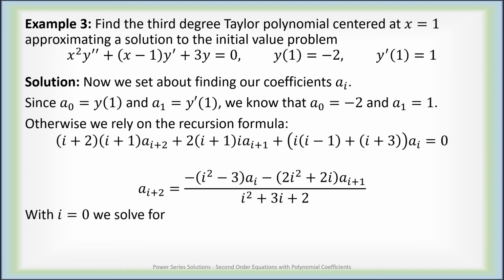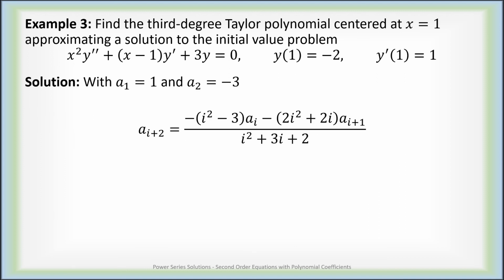Now at i equals 0, this would solve to a sub 2 is 3a0 minus 0 over 2. And since we were given the value of a sub 0 is minus 2, this works out to a sub 2 equals minus 3.